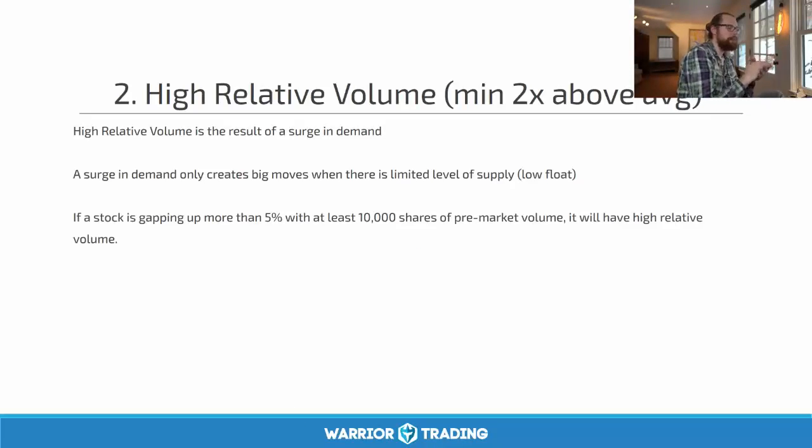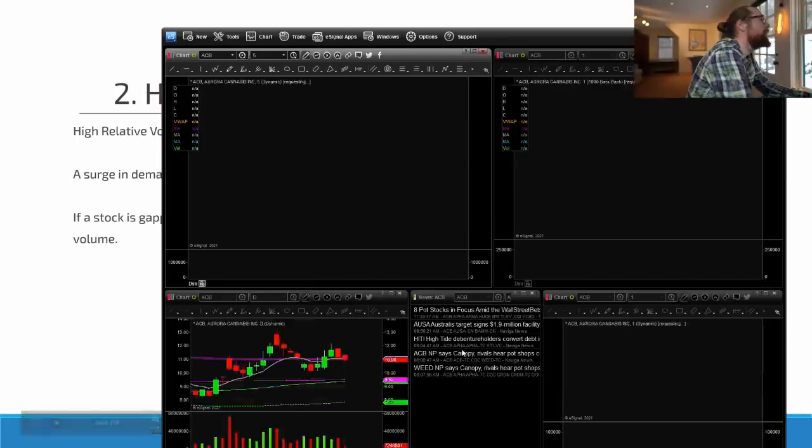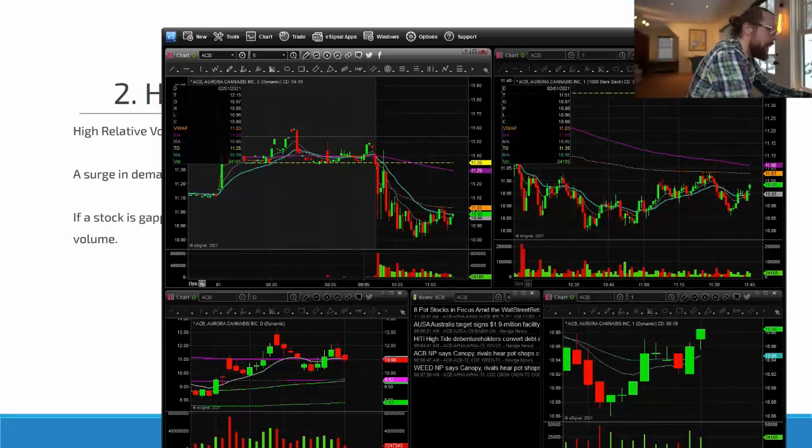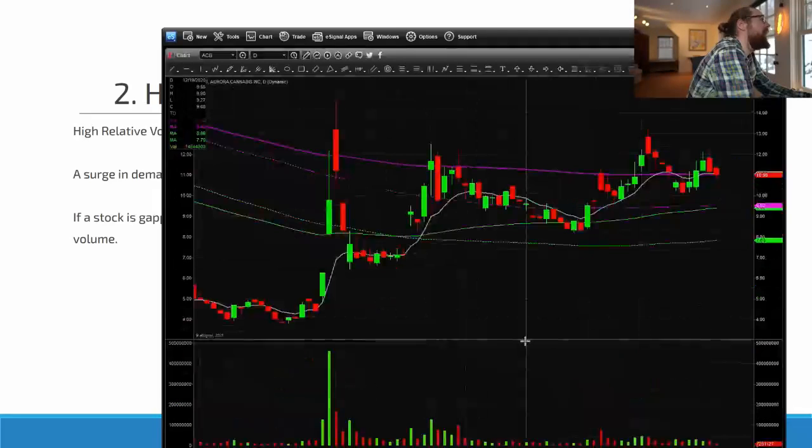There are times you will see me trade a stock like GME that has a float of 50 million shares. And if GME was at 60 million or 70 or even 90 million, I probably still would have traded it. There are some times where I've traded stocks that do have larger floats. ACB, Aurora Cannabis, was one of them. The float on this stock is, I want to say, 184 million shares, so this is definitely a higher float.